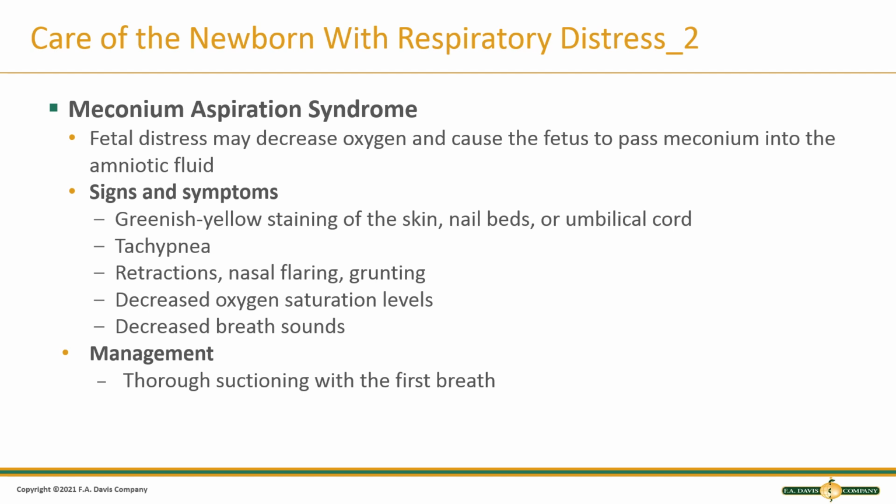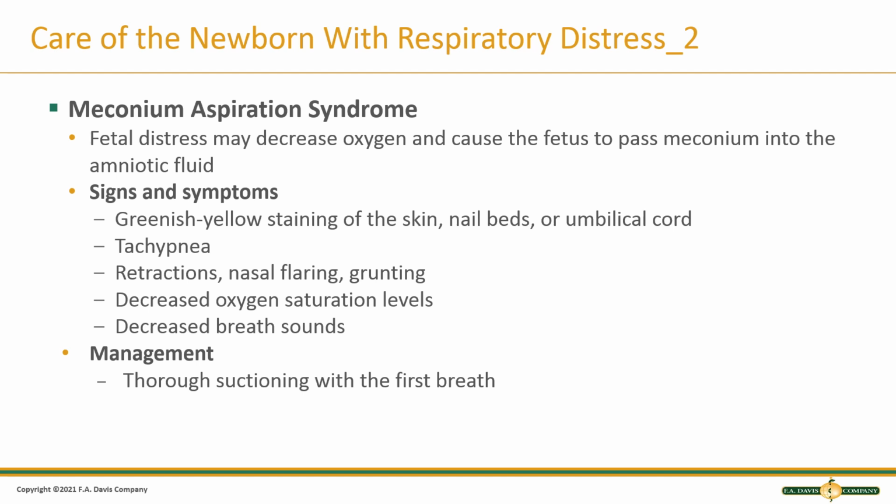Well, when the fluids rupture, whether it's spontaneous or artificial, if we see that the meconium stained fluids are there, then we're going to have everything prepared when that baby's born to hopefully when that head delivers, we can go ahead and suction that baby's mouth and nose before it takes its first breath.